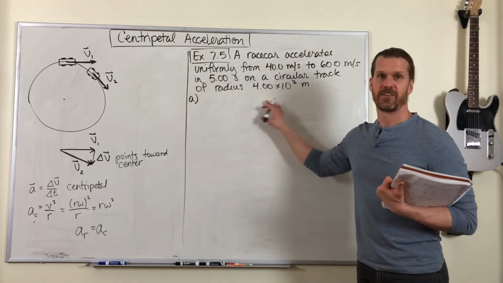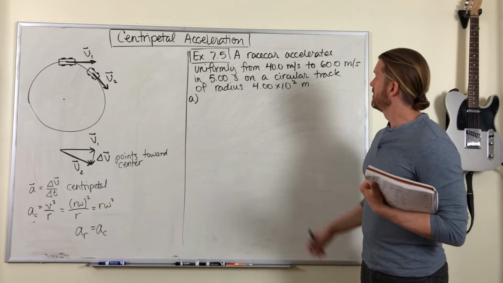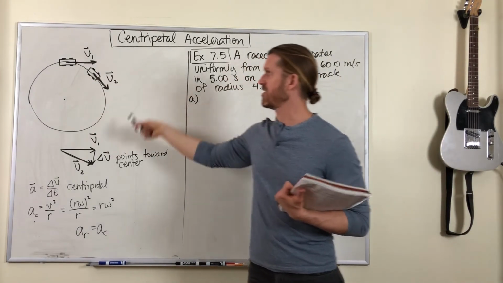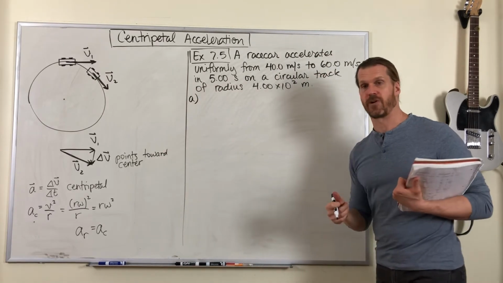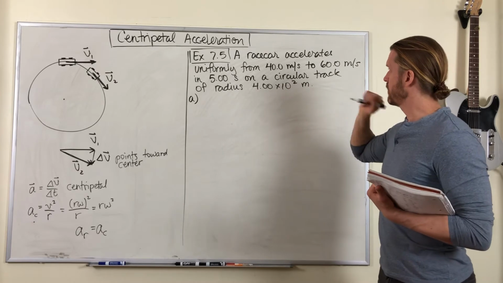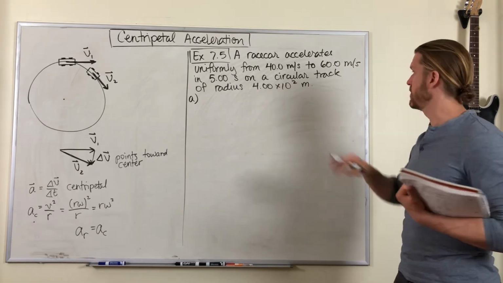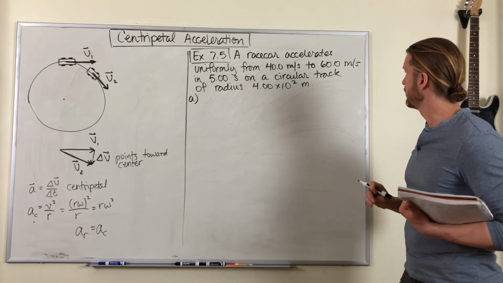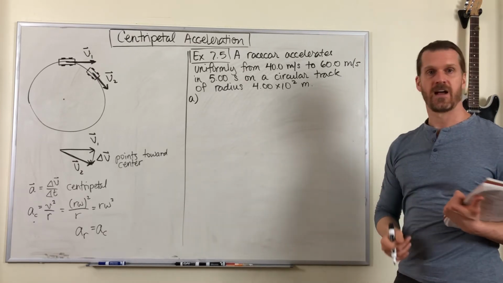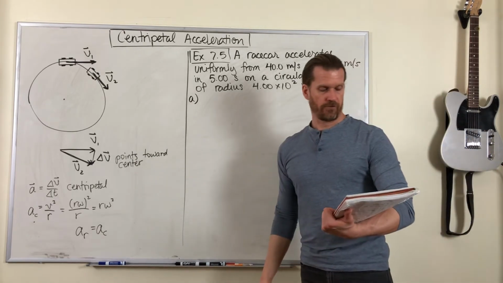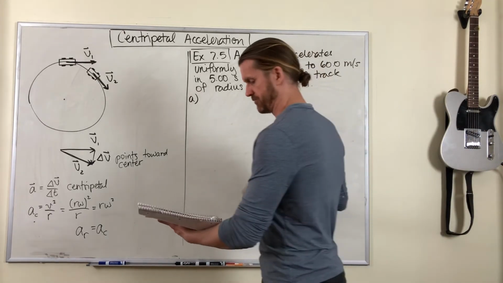Okay, let's look at example 7.5. Let's consider a race car, maybe this car that's driving around a circular track of radius 400 meters. And that race car accelerates from an initial speed of 40 meters per second to a final speed of 60 meters per second. It takes 5 seconds to accomplish that acceleration. So here are a few questions we can ask.